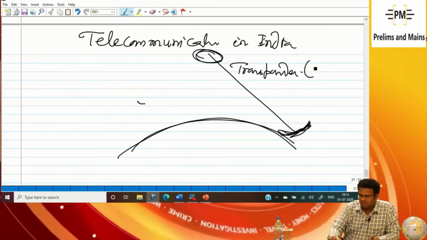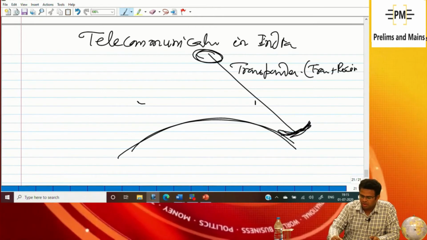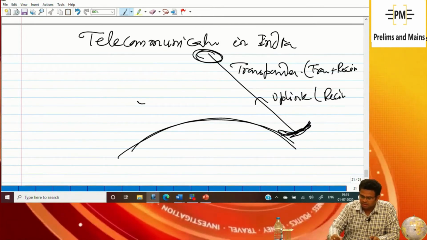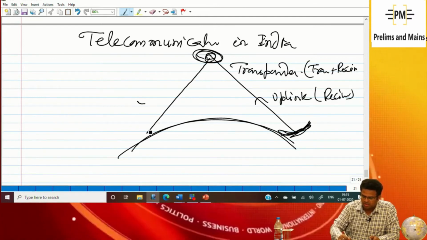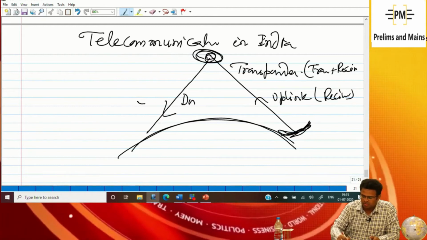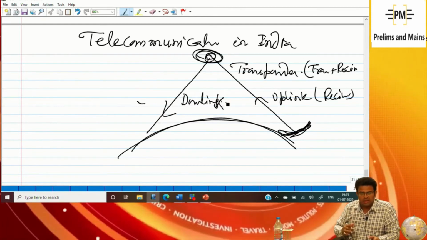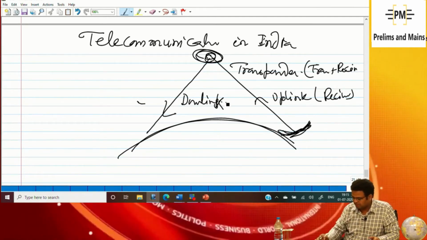Transponder means transmitter plus receiver. So this is an uplink, it is receiving the signal, the transponder, and then the transponder sends the signal through the downlink. This is the way telecommunication and broadcasting take place.